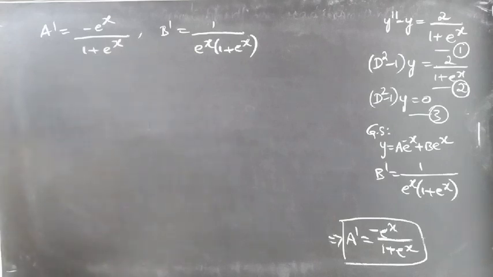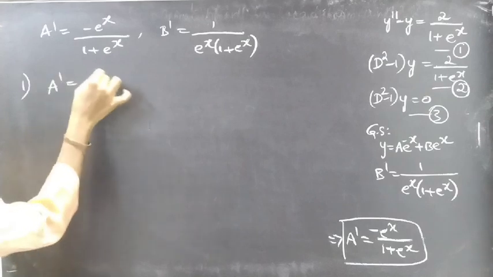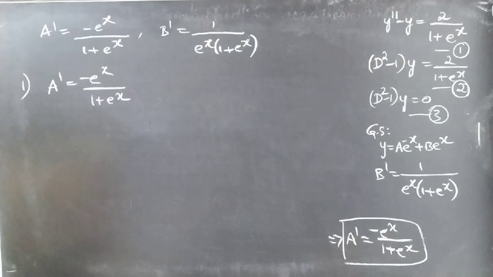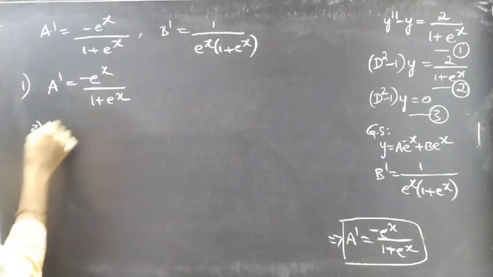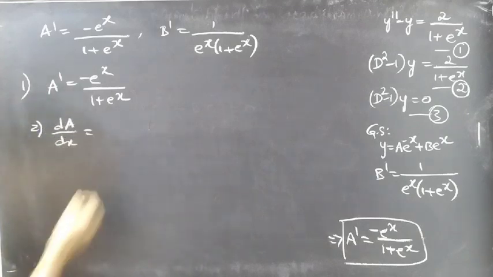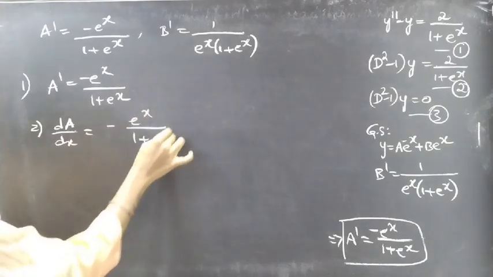Let's find A and B. First, I'll consider a'. We know that a' is nothing but the derivative of A with respect to x, so we can write a' as dA/dx = -e^x/(1+e^x).